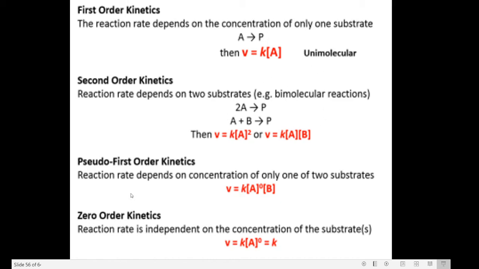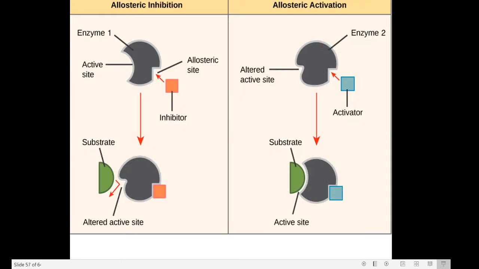In pseudo first order kinetics, the reaction rate depends on the concentration of only one of two substrates. There are two substrates in the reaction, but the kinetic order depends on only one substrate. In zeroth order kinetics, the reaction rate does not depend on the concentration of the substrates.